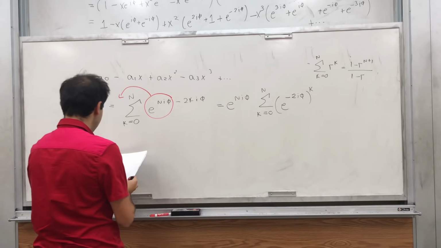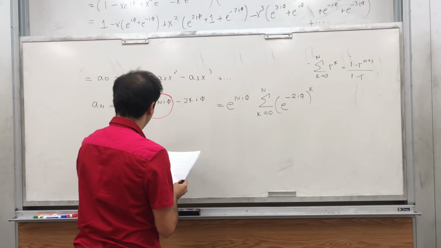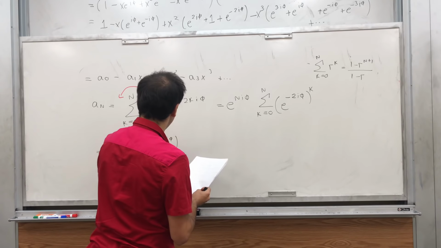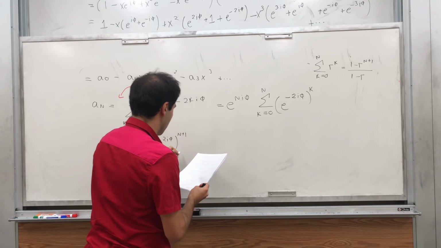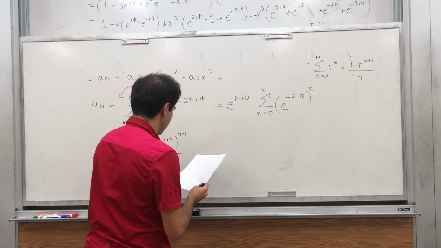So this becomes e to the n i phi, and then 1 minus e to the minus 2i phi to the n plus 1 term, over 1 minus e to the minus 2i phi.